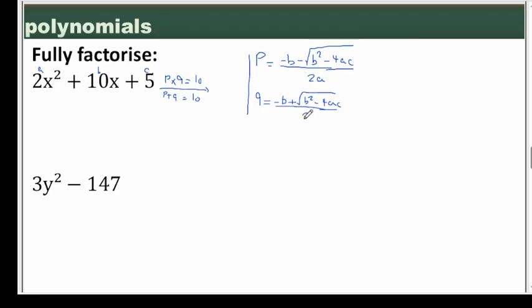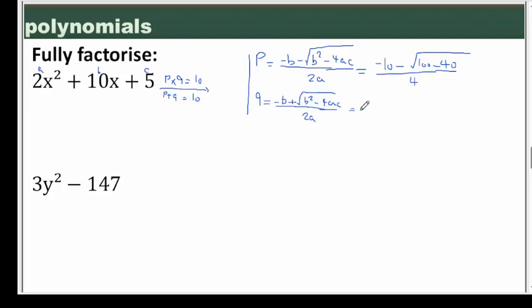over 2a. Let's substitute the values. So negative 10 minus the square root of 10 to the power of 2, that is 100, minus 4 times a times c, which gives me 10 times 4, that is 40, and 2a would be 4.